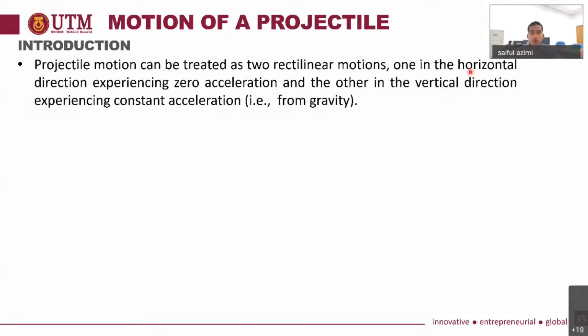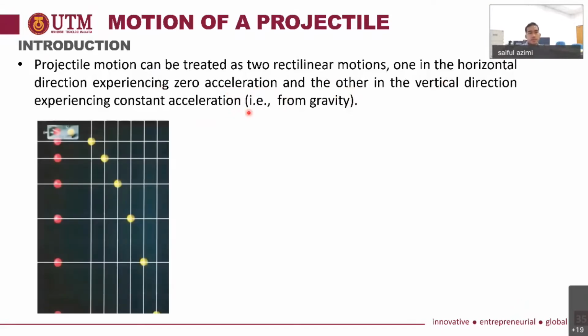In the horizontal, which is the x-axis, it experiences zero acceleration, unless it is mentioned in the question. The other, in the vertical direction, experiences constant acceleration, which is from gravity.